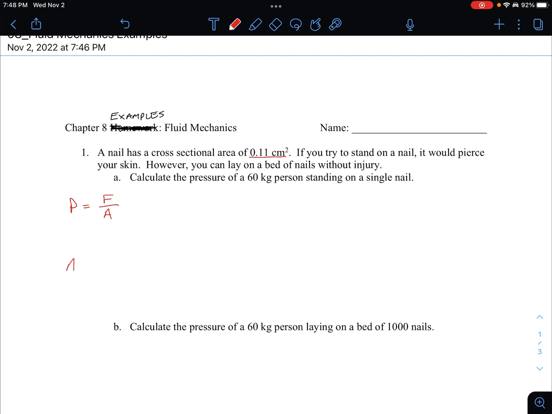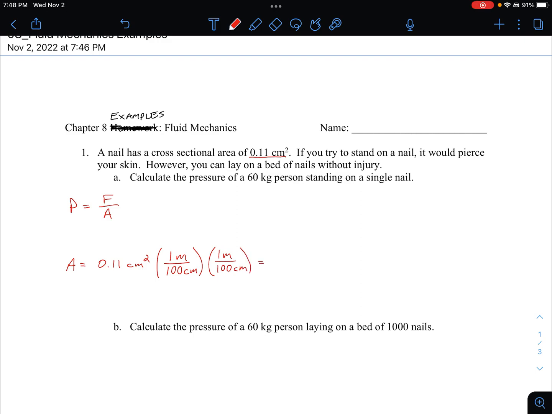So if I take the area of 0.11 centimeters squared, I can take this and turn it into meters squared. So notice that there are 2 centimeters, so I need to convert both of them. And I'm going to do that by putting 2 conversion factors right next to each other.